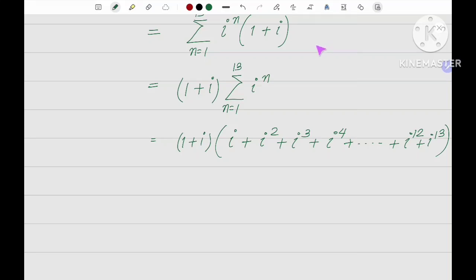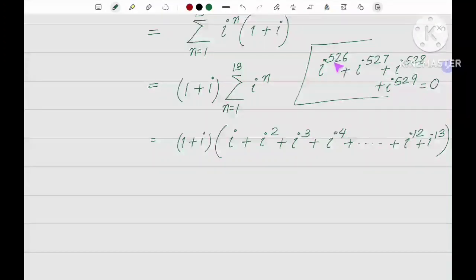So for example, I can have i to the power 526 plus i to the power 527 plus i to the power 528 plus i to the power 529, and that will give me 0. Why? Because the sum of 4 consecutive integral powers of i is 0. So that finding I am going to apply here.